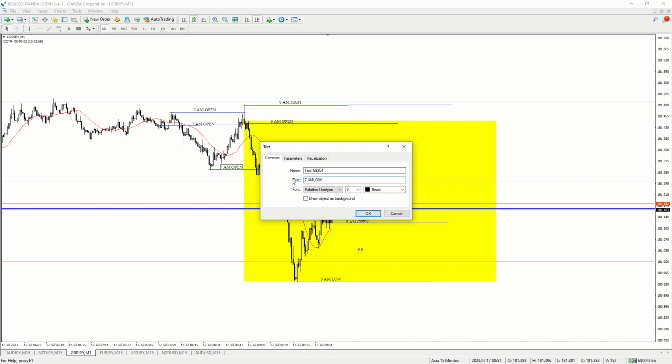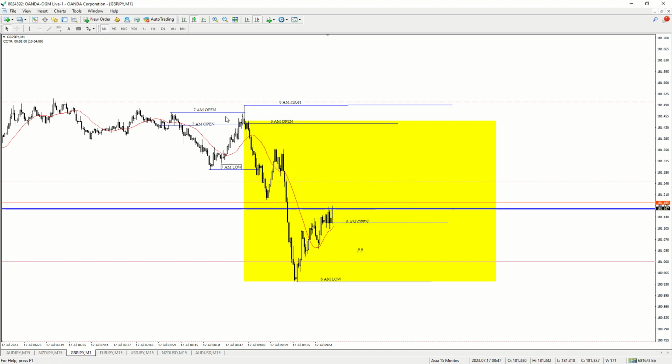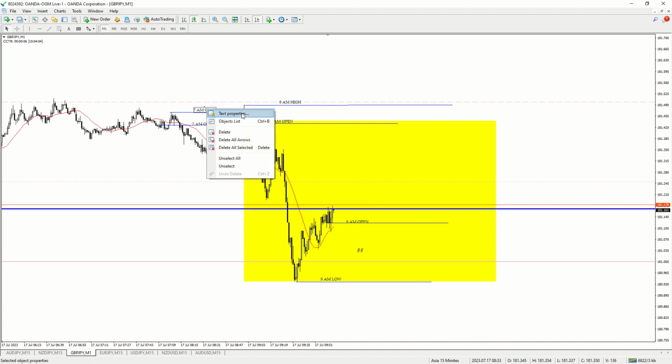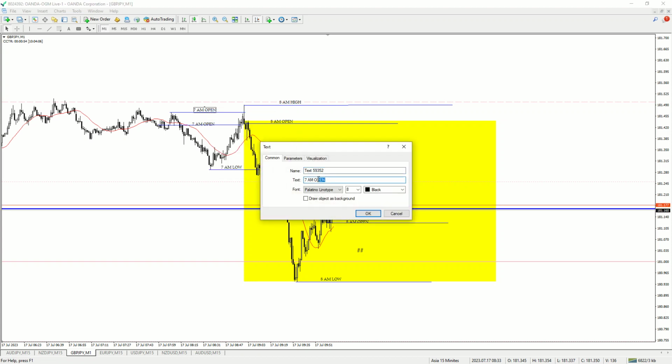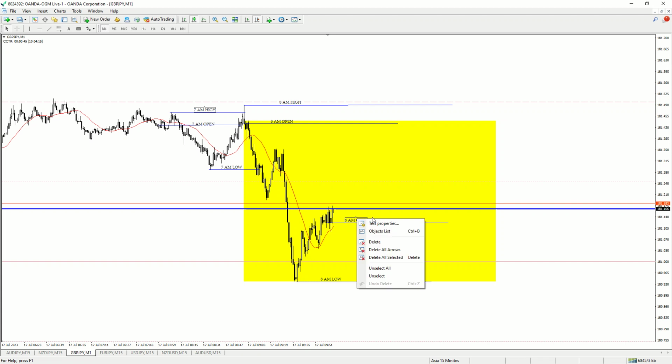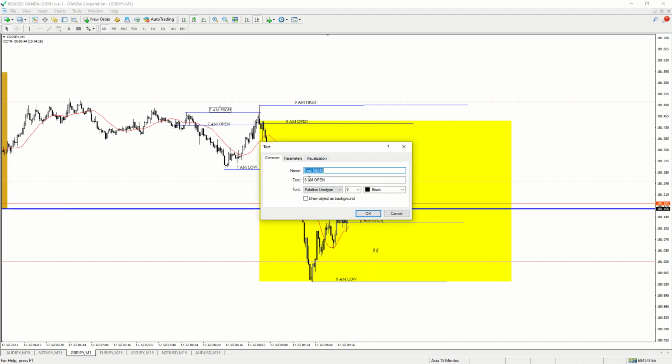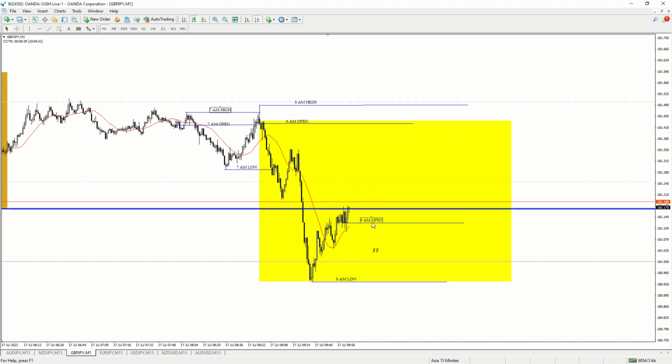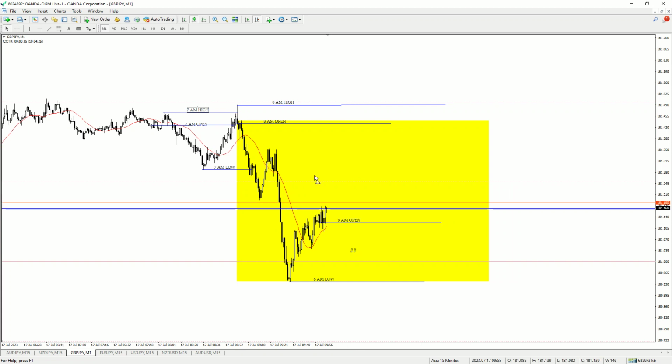Let's create some space in between the texts, and let's lock it, and this is the high, 7 o'clock high. Now which one is wrong? This one is wrong. It's 9 o'clock. Okay, so I believe I have everything.